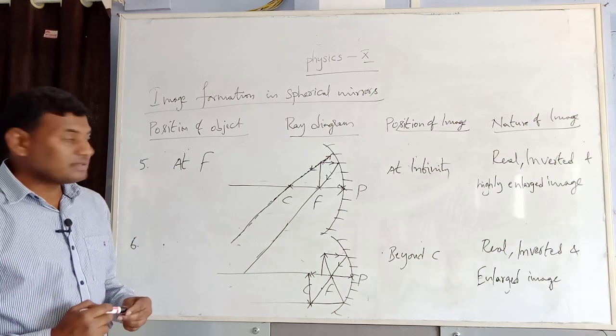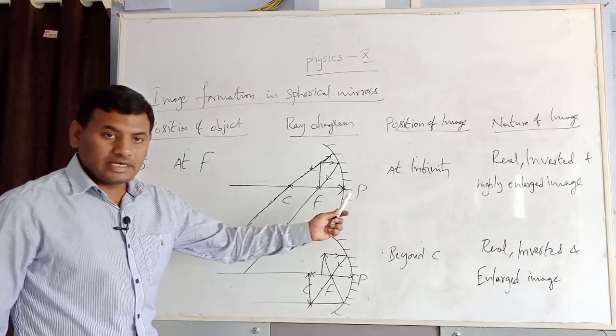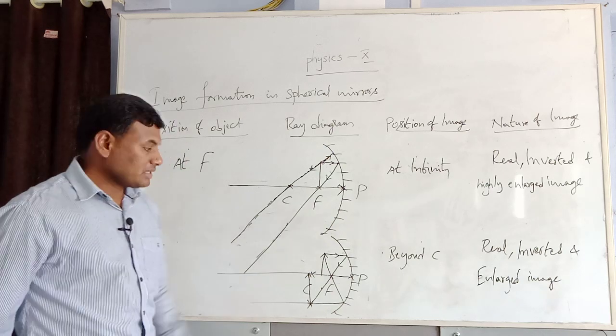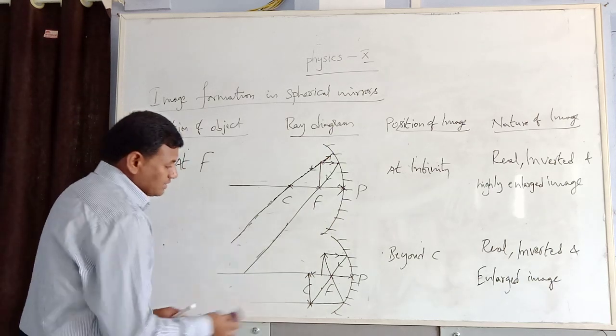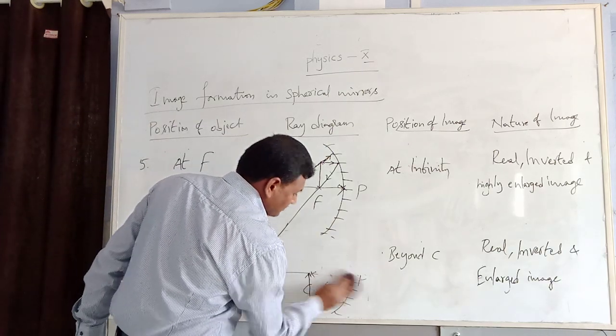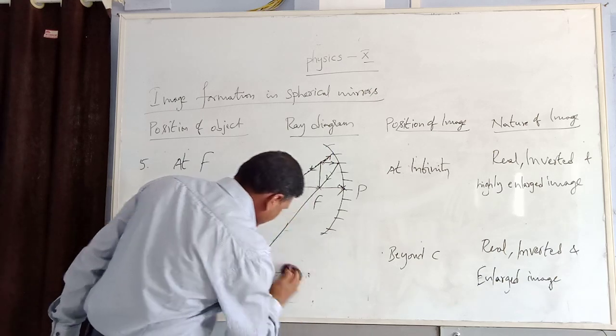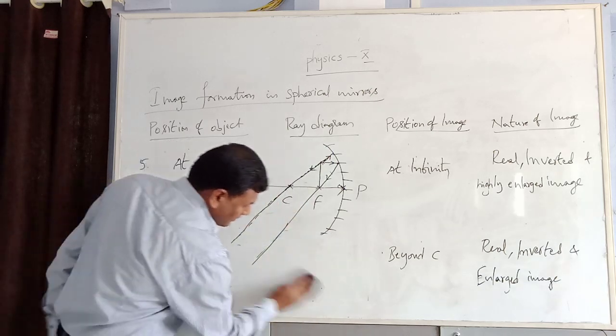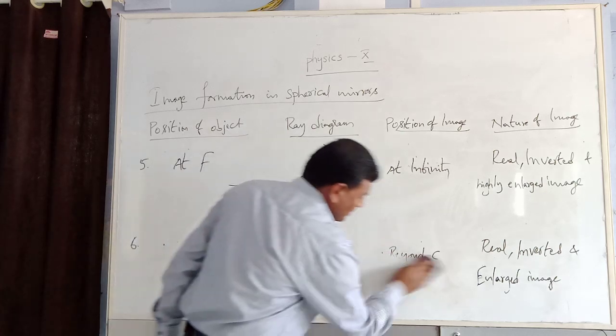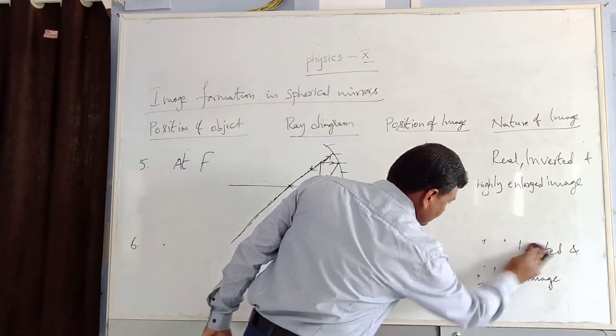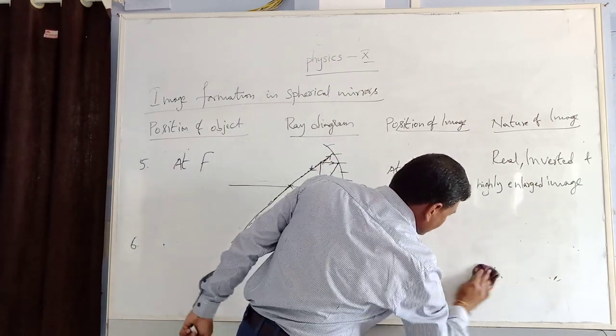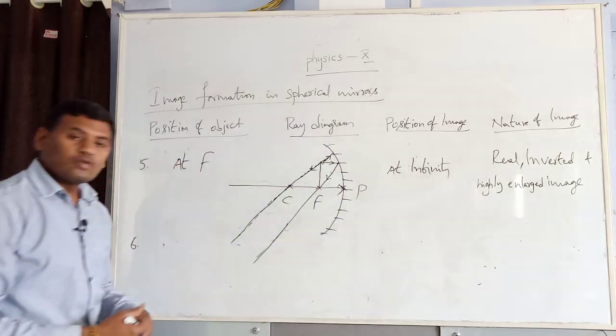When the object is between F and P, that is, principal focus and pole, let us see the characteristics of the image or position of the image. Now consider a concave mirror.